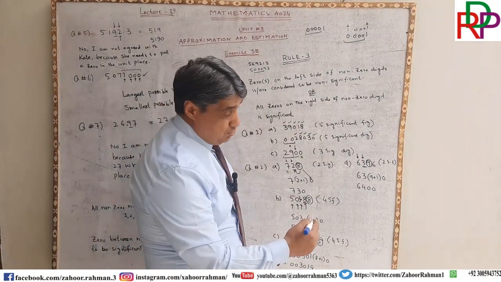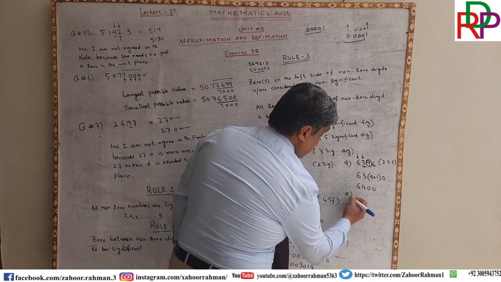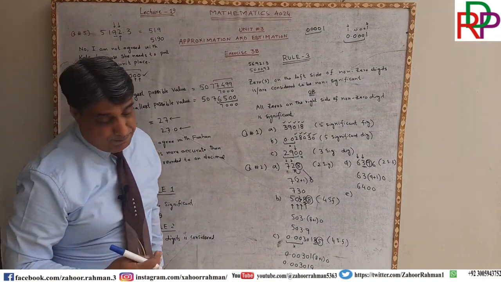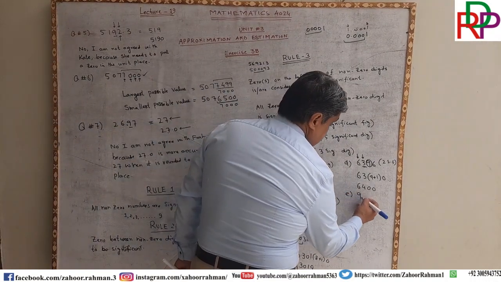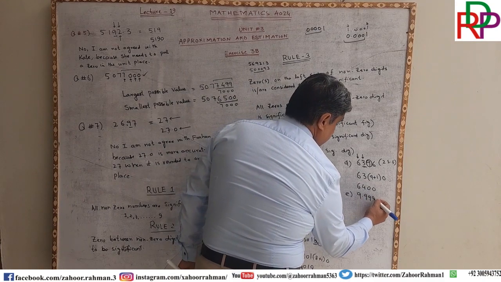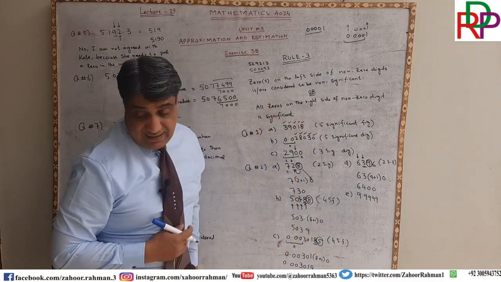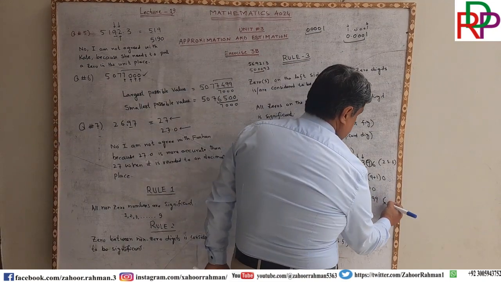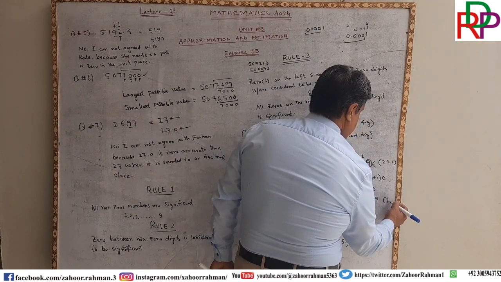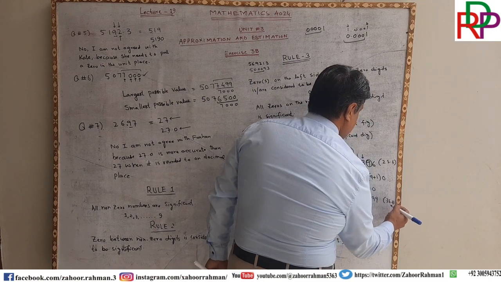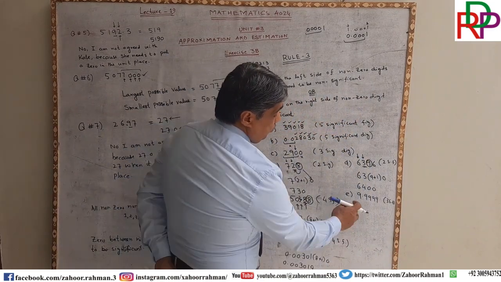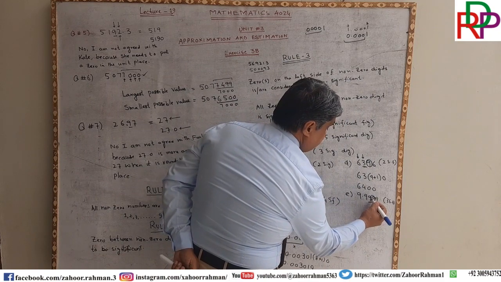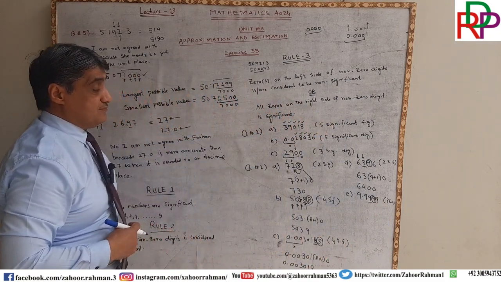Now we have to do the E number part. And the E number part is saying 9.9999. Round to how many significant figures? 3 significant figures. We have to, so 1, 2, 3, underline here. And we have to encircle the next one.